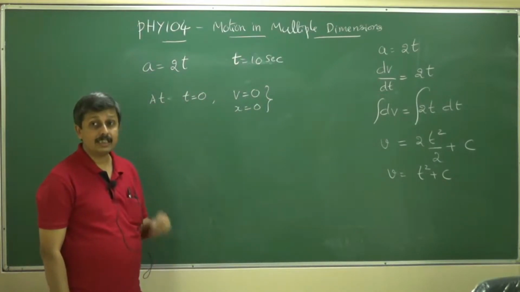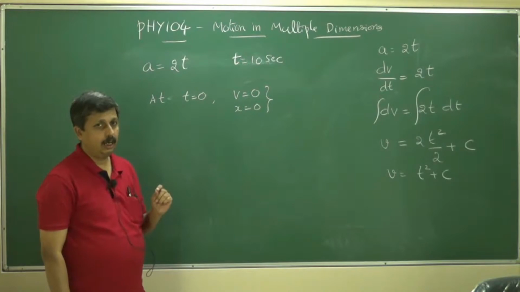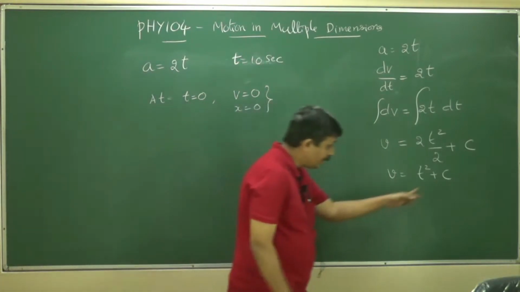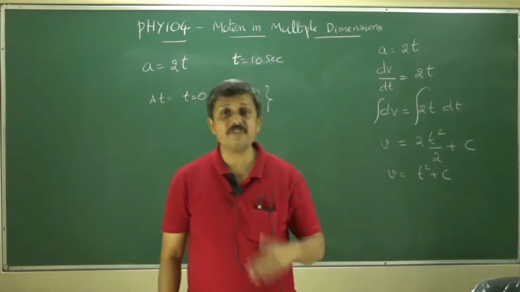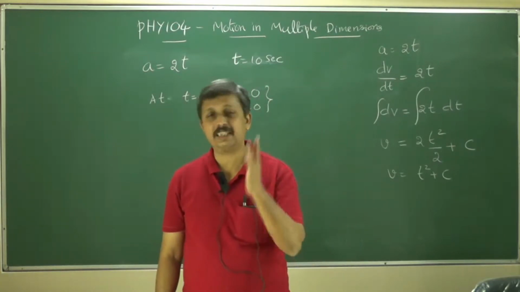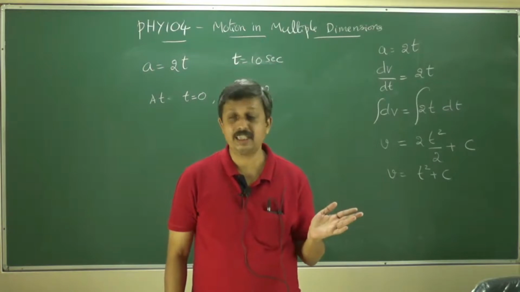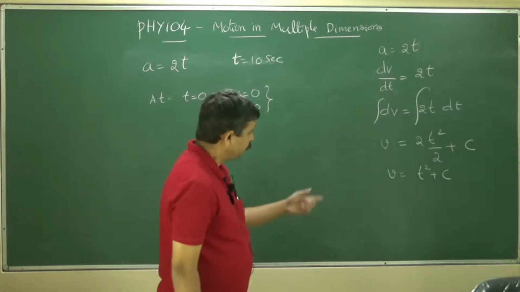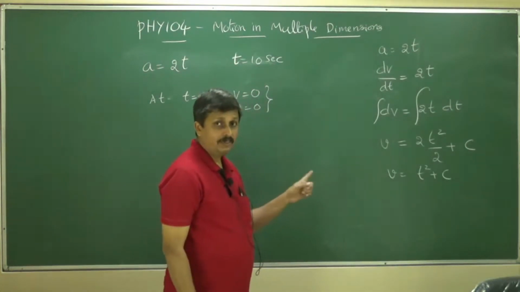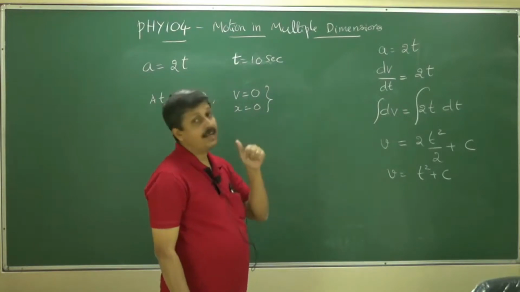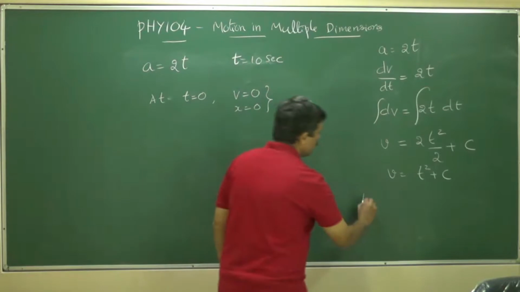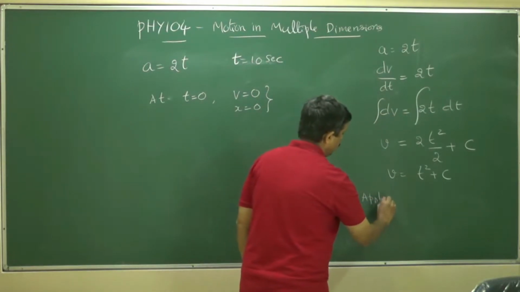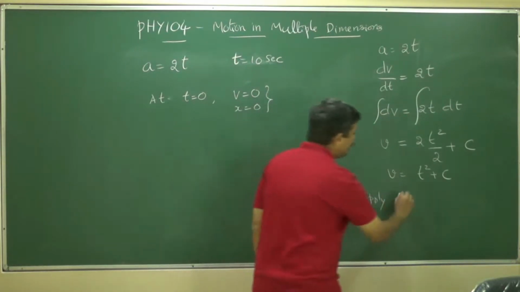Now understand one important thing here. We need to understand what is the value of this c. Otherwise, it becomes difficult to calculate after this many seconds where the particle is. So we will find out what is the value of c. How will we find out? We have to apply initial conditions.